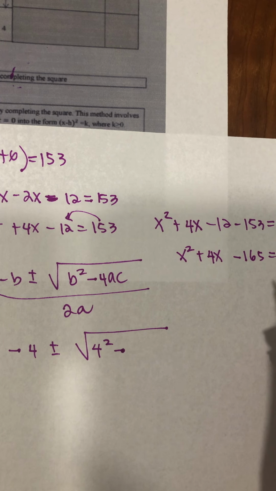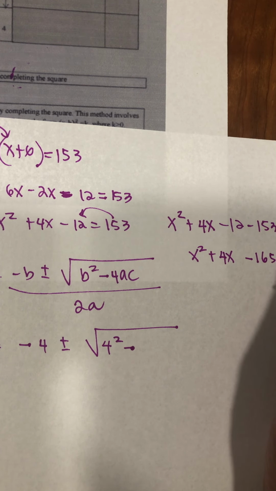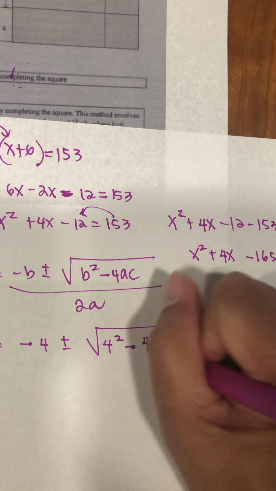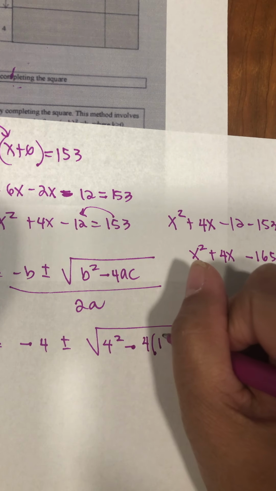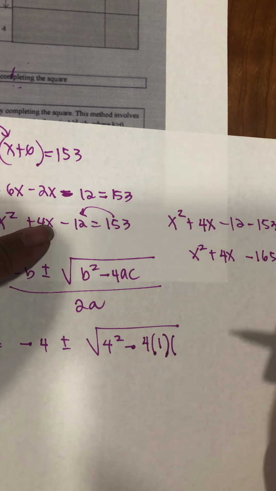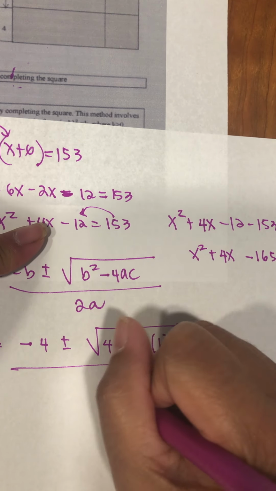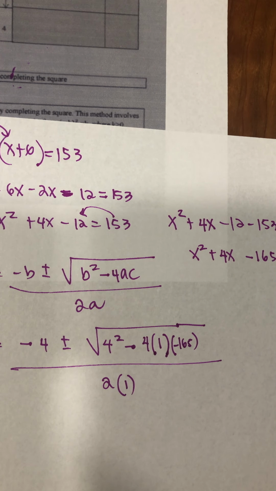You know why it's no solution, Kate? It's because this is already the C. Oh, no, hold on. Hold on, I might have lied. 4 times A is 1 times C, which is negative 165. This will become positive over 2 times 1. All right, let's see if that would work.